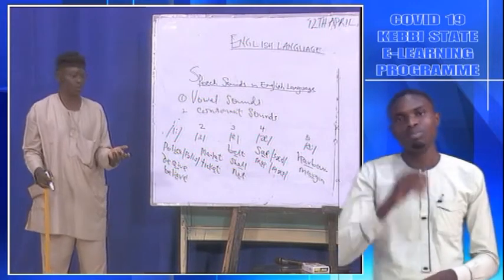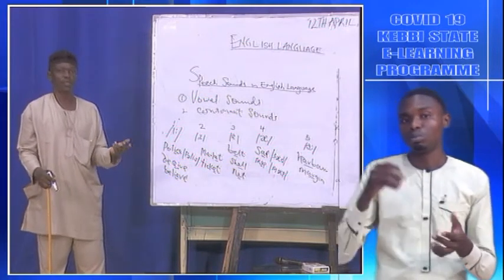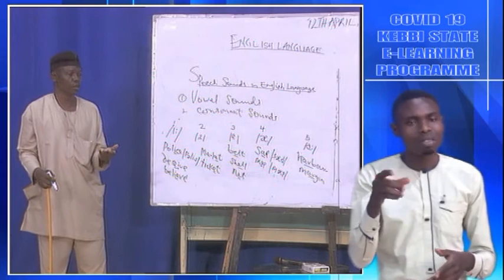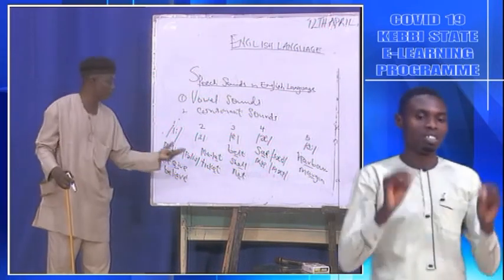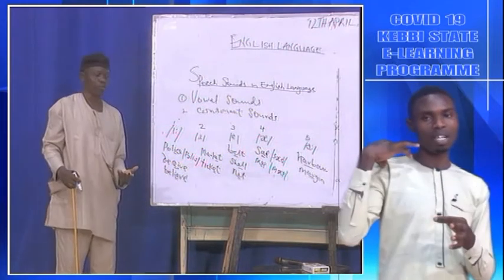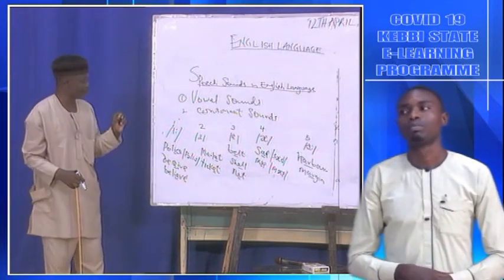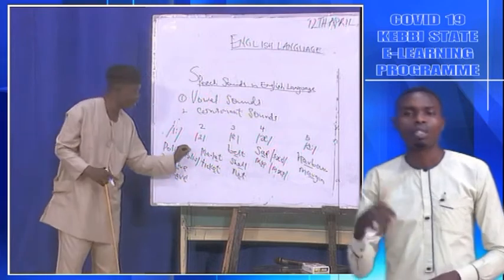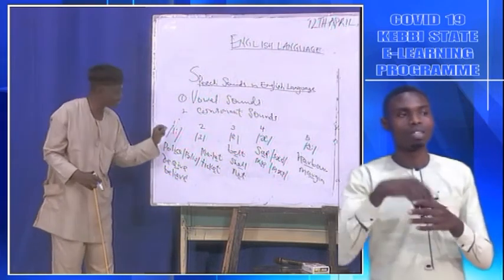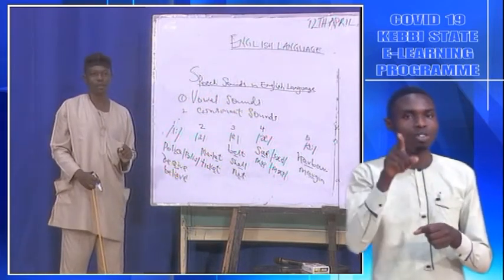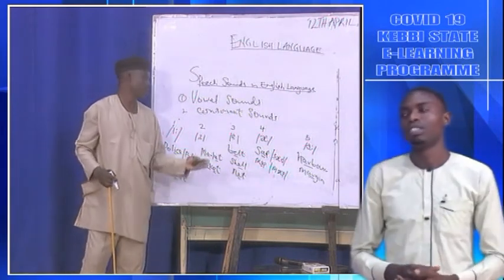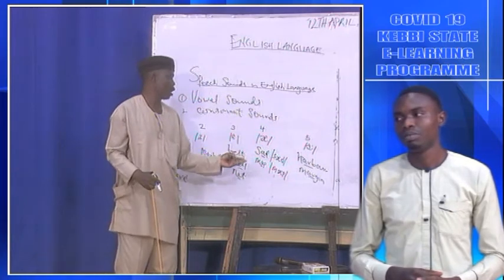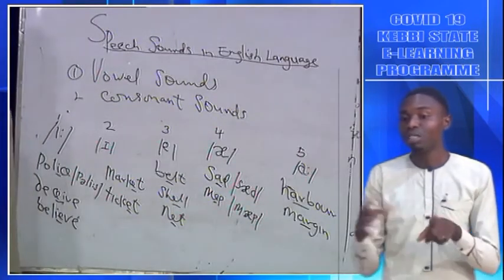When I was a student like you, this was the method my teacher told me to apply. You have enough examples if you get up to 20 examples. And anytime you write out the words, make sure you underline the letter that represents the sound you have identified. The same thing for vowel number 3, so also vowel number 4 and vowel number 5.